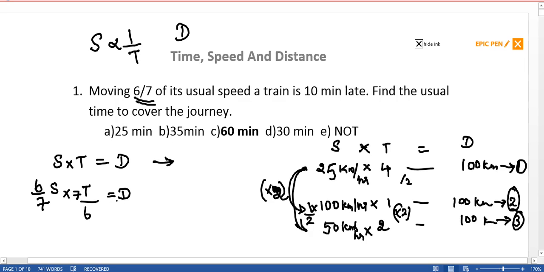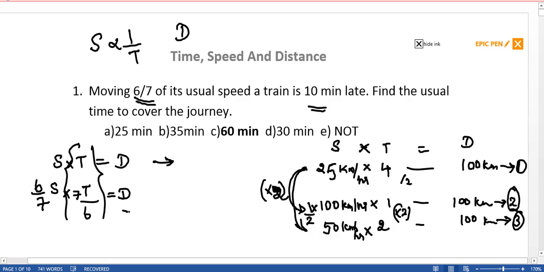Now it is given that the difference between the times, when I travel using my original speed and when I travel using 6 by 7th of the speed, the reduced speed, is 10 minutes. That means the difference between these two times is 10 minutes.